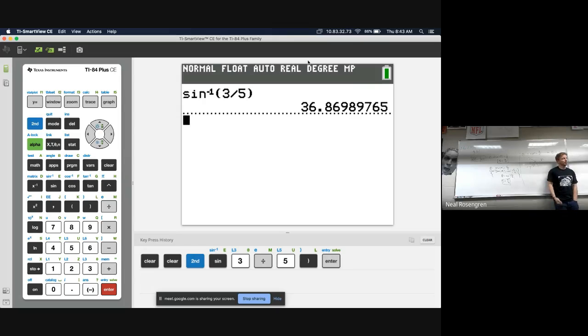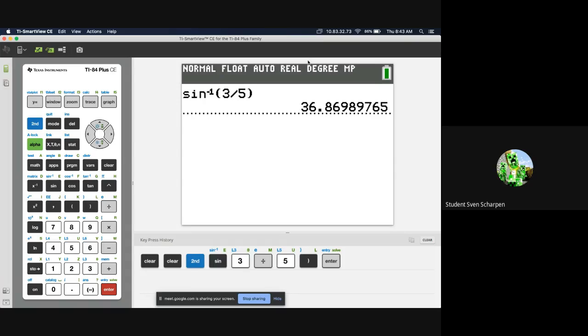See if you can think about it. What's the best way to write theta if that's what we're getting? Any ideas? Inverse sine of 3/5. Exactly, right?